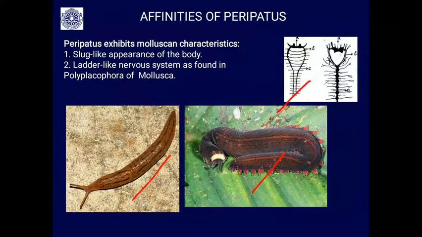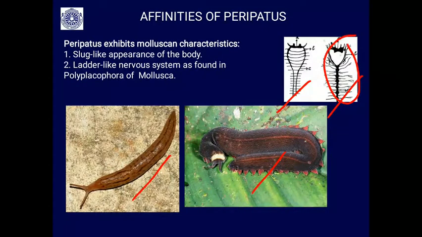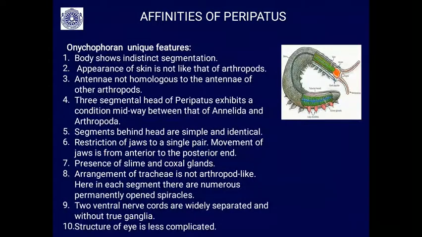It has a ladder-like nervous system. Arthropoda and annelida have a typical invertebrate nervous system, as you have studied already, but this one has a ladder-like nervous system similar to the slug and also similar to platyhelminthes, which you have studied. So they have unique features, as I said.